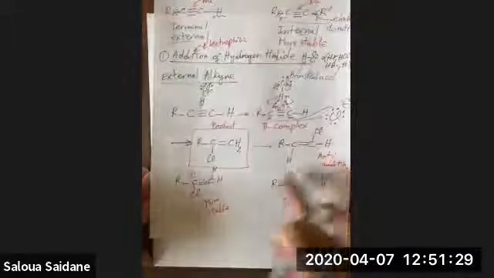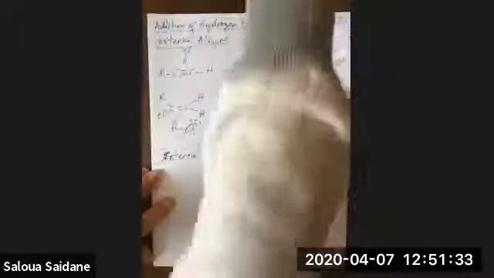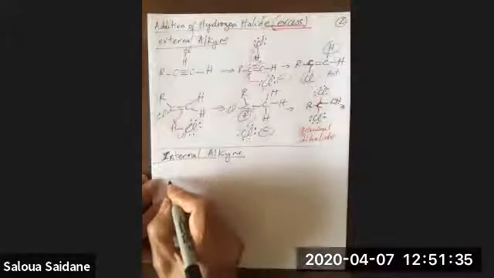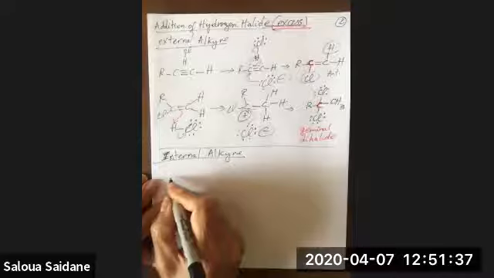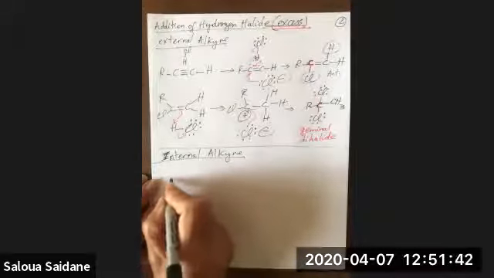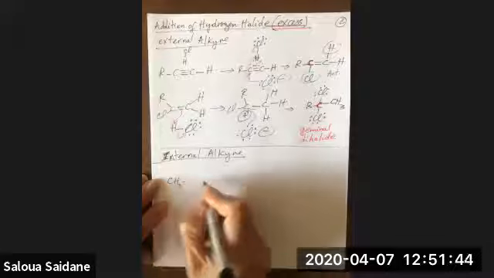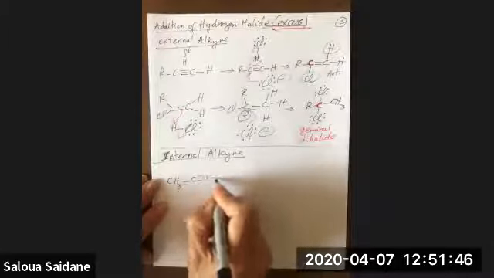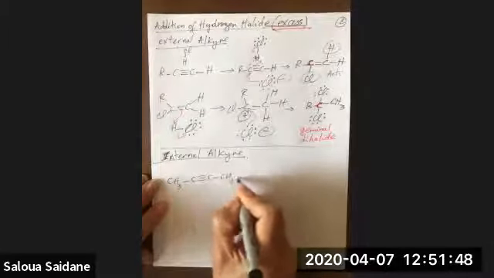So since I didn't do the internal for this, it will appear here anyway. So let's try the first step. So what does it mean in internal alkyne? So let's say I'm using this one. I have CH3 on one side, and I have C, C, CH2, CH3.